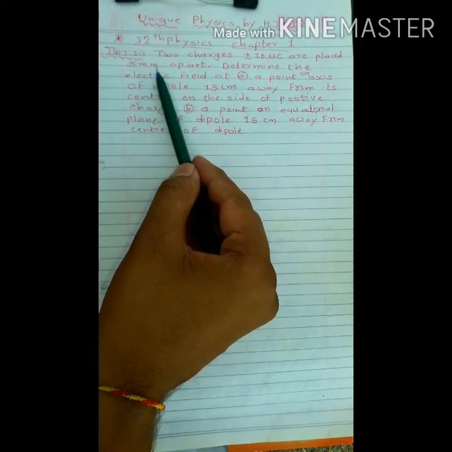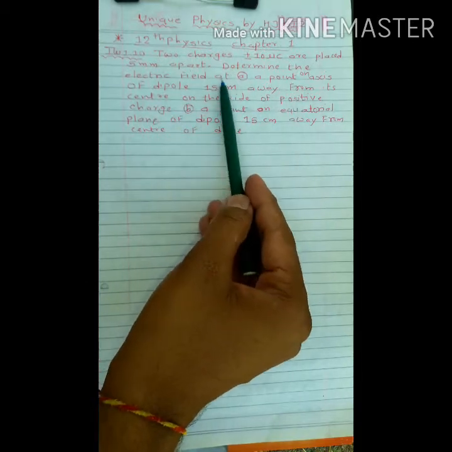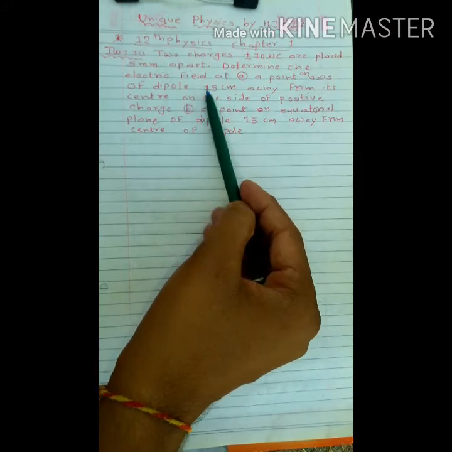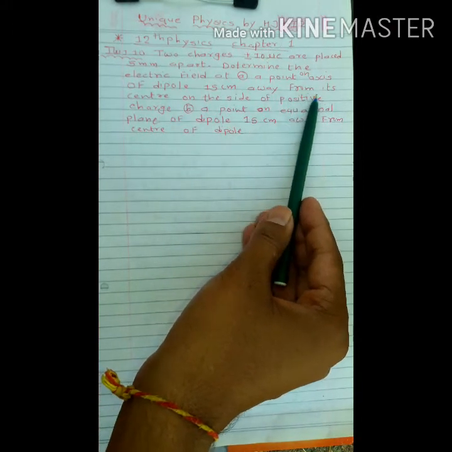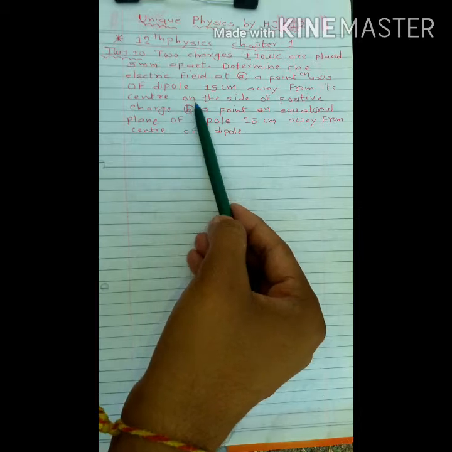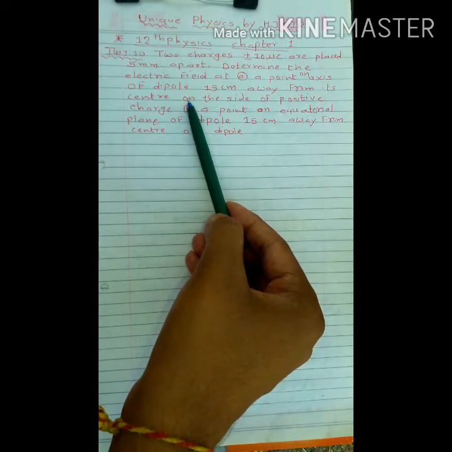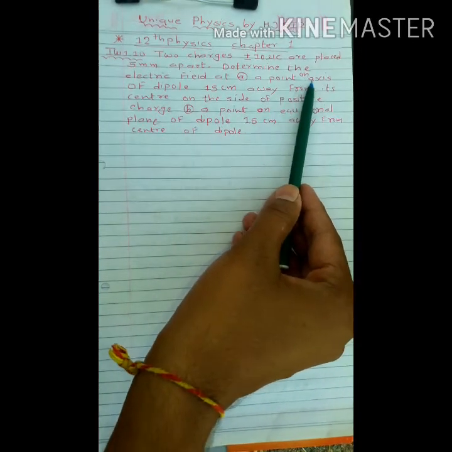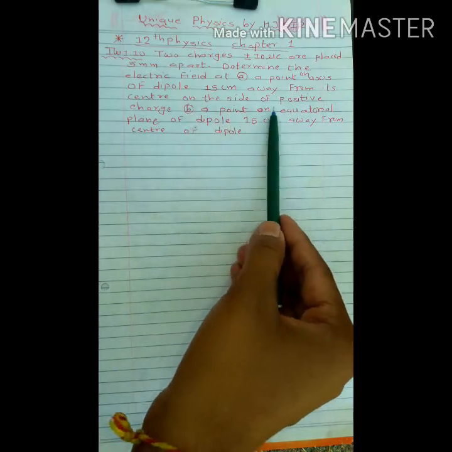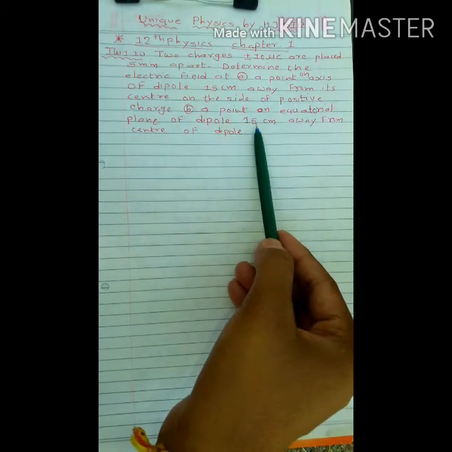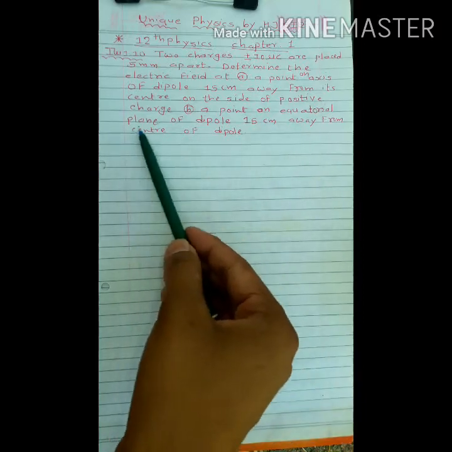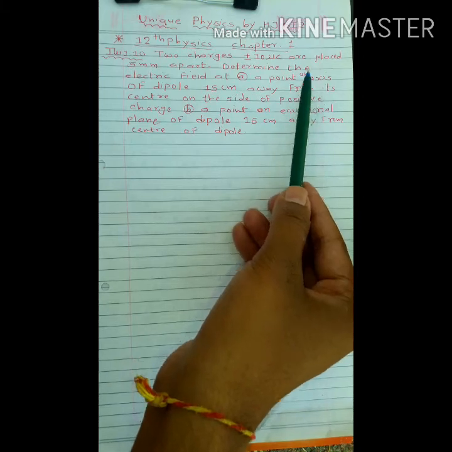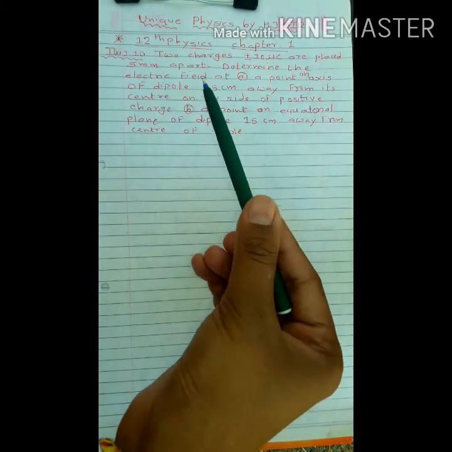Determine the electric field at (a) a point on the axis of the dipole 15 centimeter away from its center, on the side of the positive charge, and (b) a point on the equatorial plane of the dipole, again the same distance 15 centimeter away from the center of the dipole. So here we want the electric field on the axis of the dipole and on the equatorial plane of the dipole.